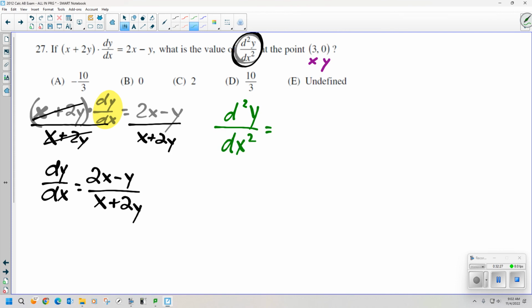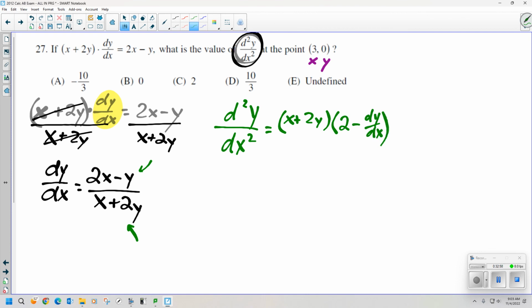If I have a fraction, I need to use my quotient rule. The quotient rule: low, x plus 2y, times d high, the derivative of the numerator, which is 2 minus the derivative of y, which is 1. But every time I take the derivative of y, don't forget, I need to write dy/dx.